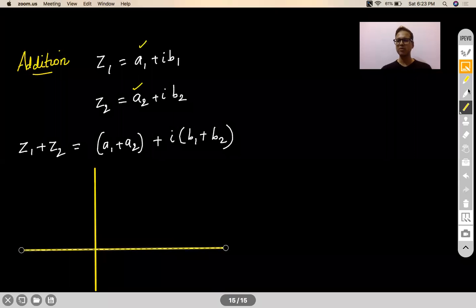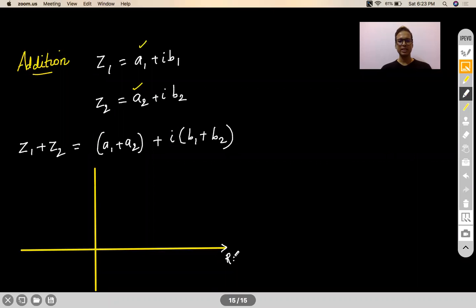So let's say this is our Argand plane, real Z, imaginary Z. Let's say this is your position of Z1. This is your position of Z2. So as a point, it is A1 comma B1. And as a point, this is A2 comma B2.